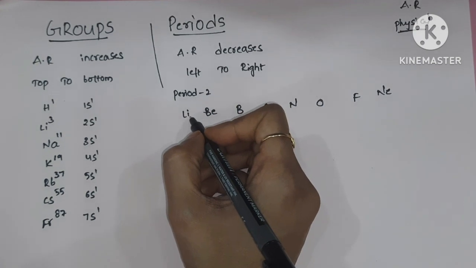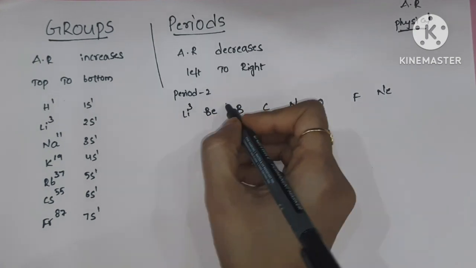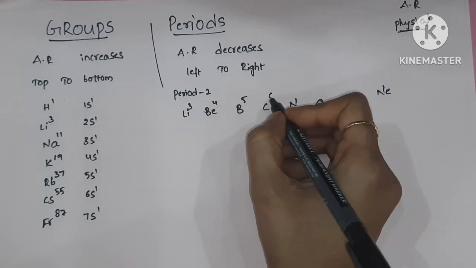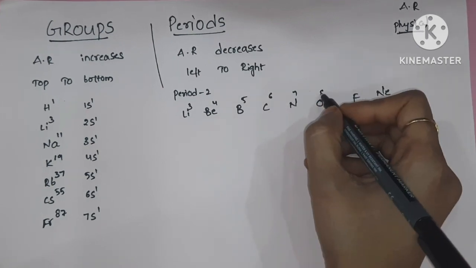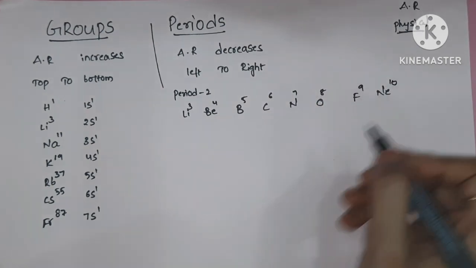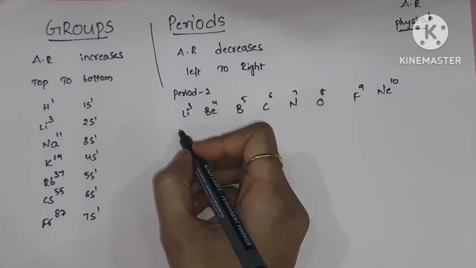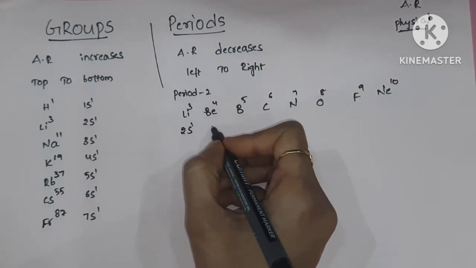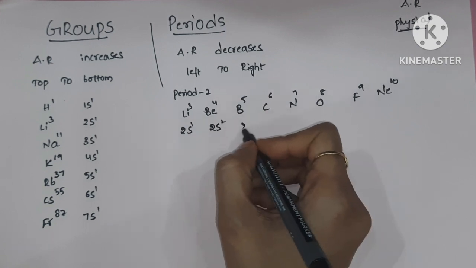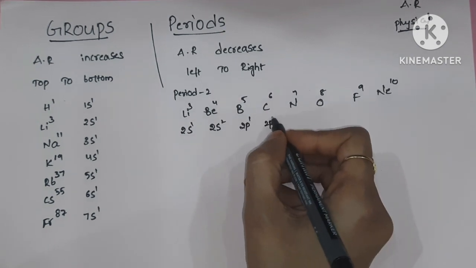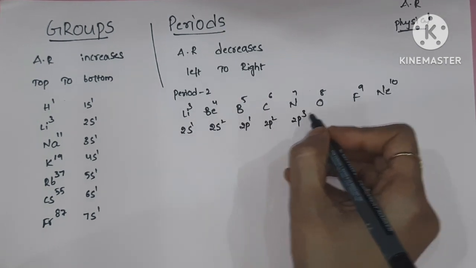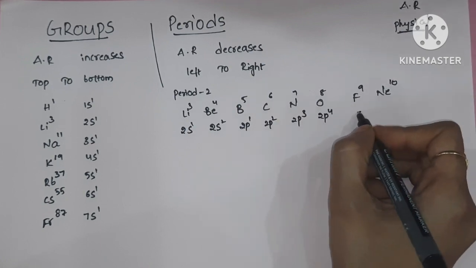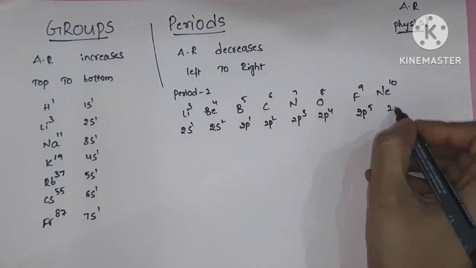The atomic numbers of these elements are 3, 4, 5, 6, 7, 8, 9, 10. The electronic configurations are 2s1, 2s2, 2p1, 2p2, 2p3, 2p4, 2p5 and 2p6.